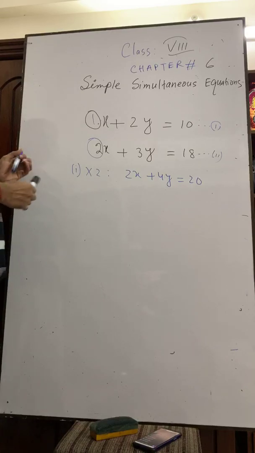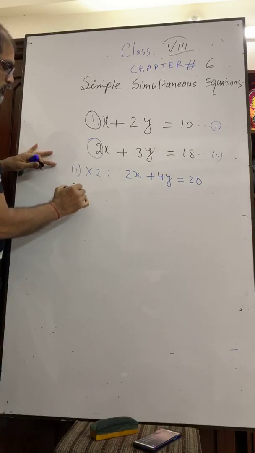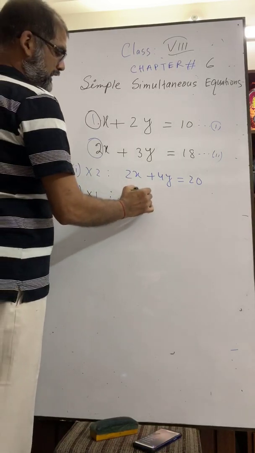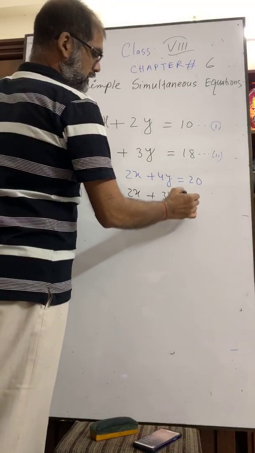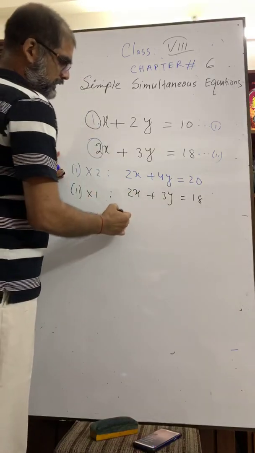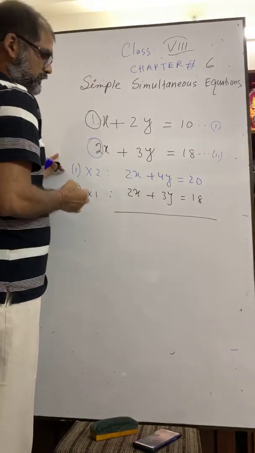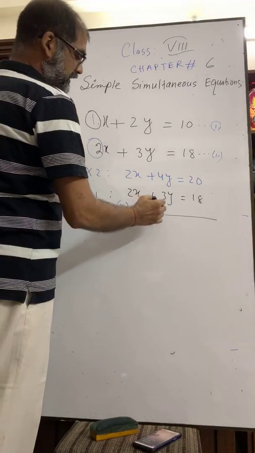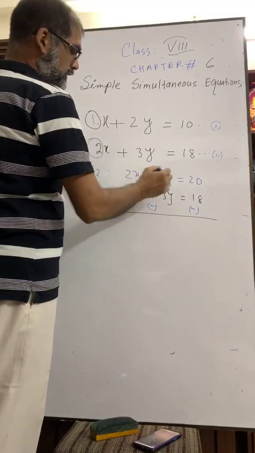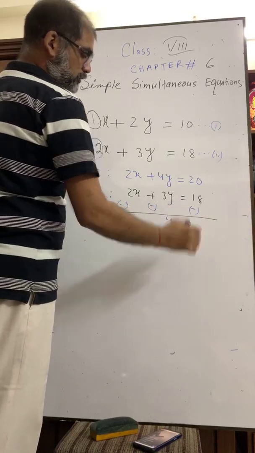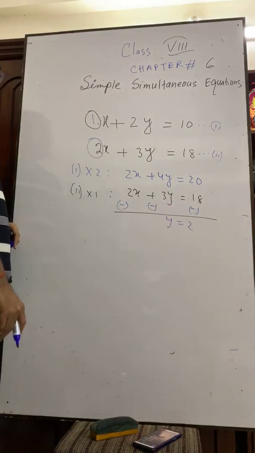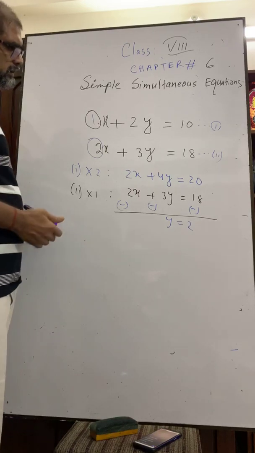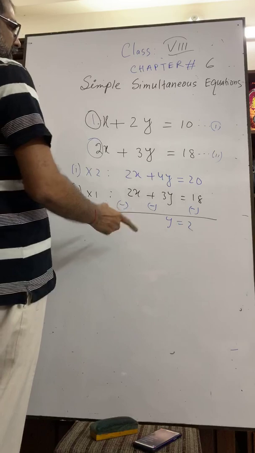Then we multiply equation 2 by 1. The result is 2x plus 3y equals 18. Now just subtract, and we get y equals 2. Now it is very easy to find the value of x.